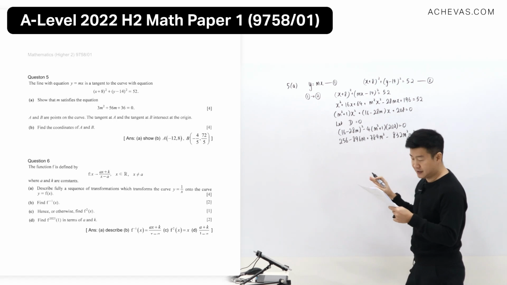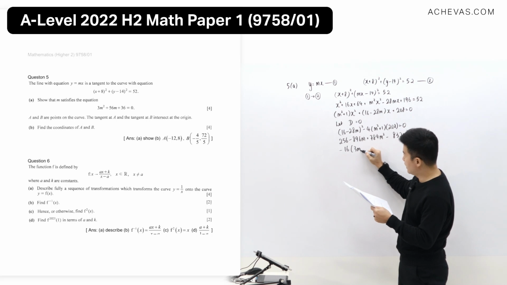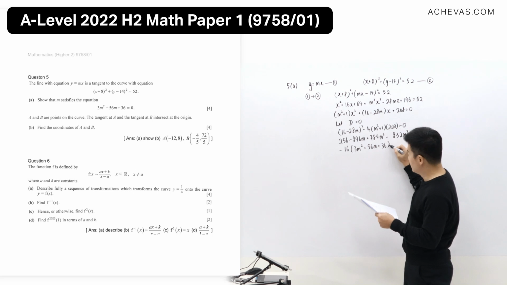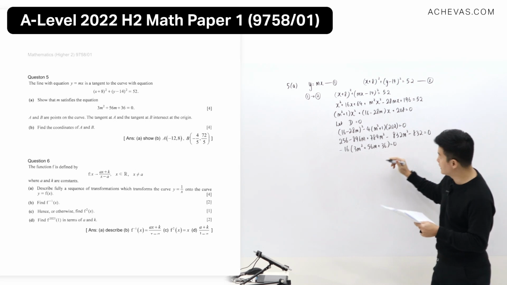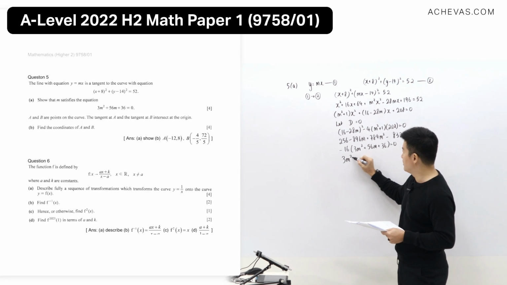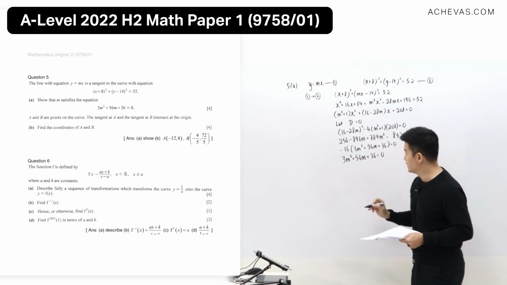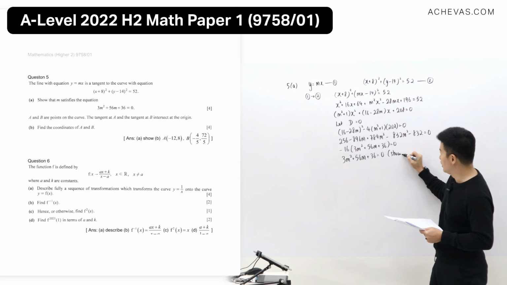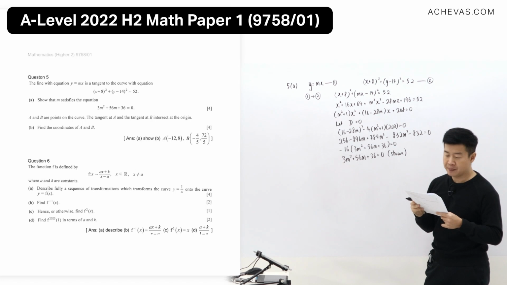And simplifying this, we will be getting −16(3m² + 56m + 36) equal to 0, and dividing by the negative 16 over to the other side, this will leave me with 3m² + 56m + 36 = 0. And this is actually the equation that m should satisfy that the question wants me to show. So this will help me to finish question number 5, part A.